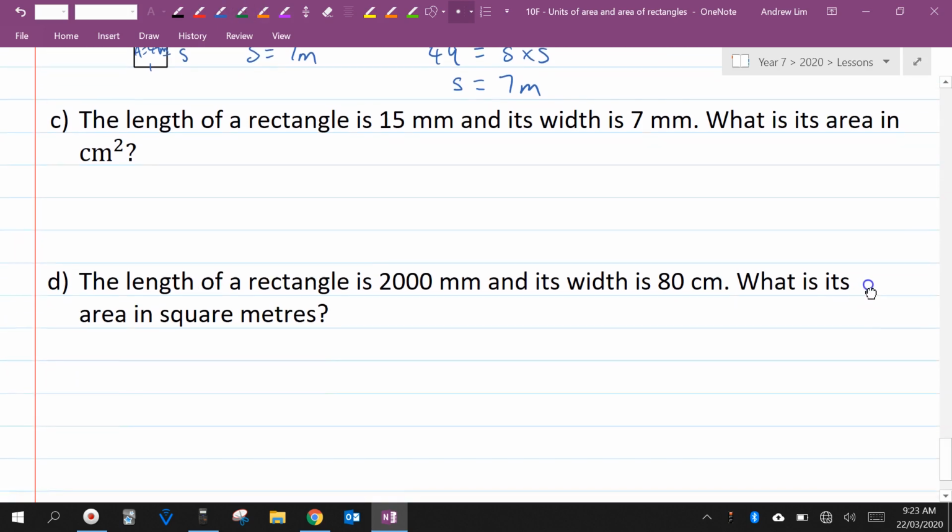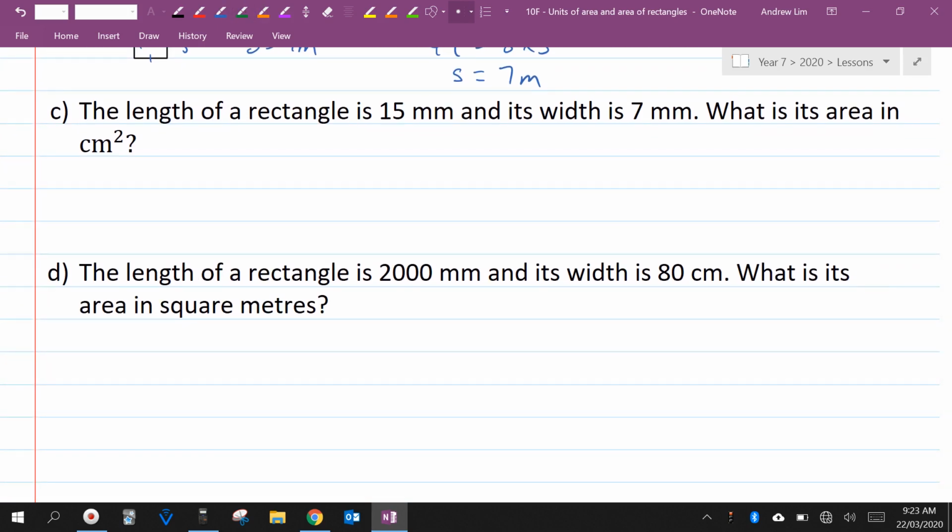Okay, question C. The length of a rectangle is 15 millimeters and its width is 7 millimeters. What is its area in square centimeters? Okay, so in order to work this one out, maybe it's best to draw it. So we've got a length of 15, width of 7.